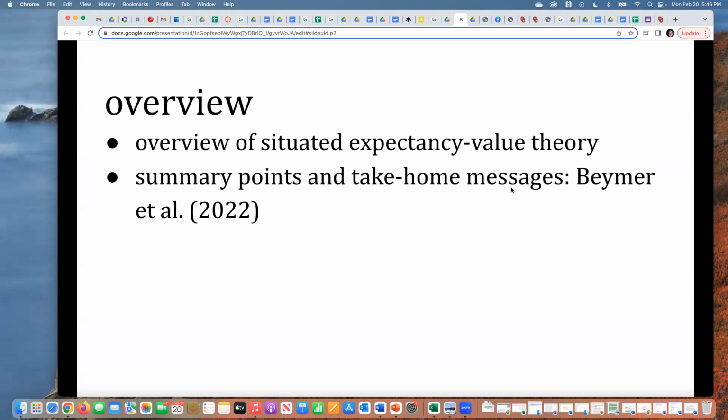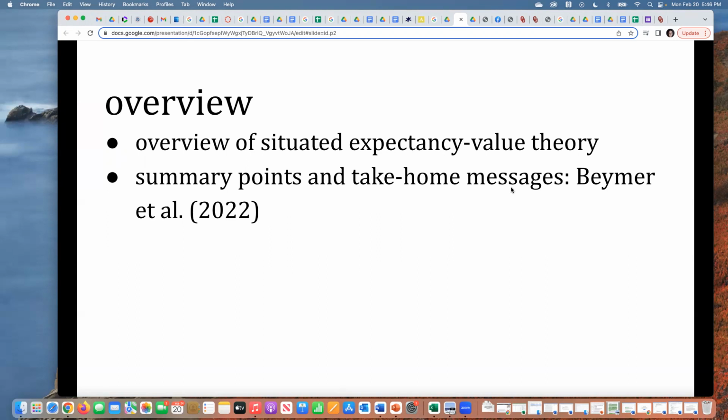Anyway, I'll stop talking. Getting back to the overview, what you'll find is that situated expectancy value theory is incredibly valuable, but there's also a lot of complexity embedded within this theoretical perspective. So I'm going to spend a decent amount of time unpacking some key tenets of this theory and what I encourage you to pay attention to in order to develop an initial understanding of it.